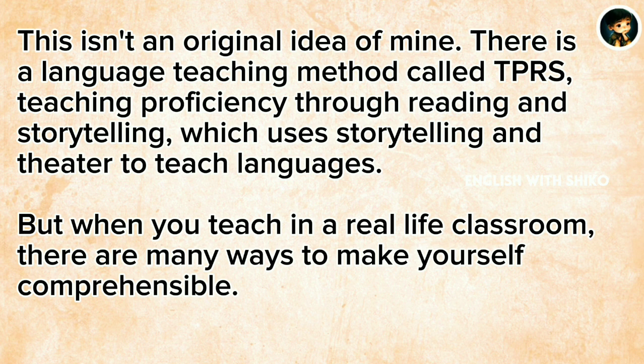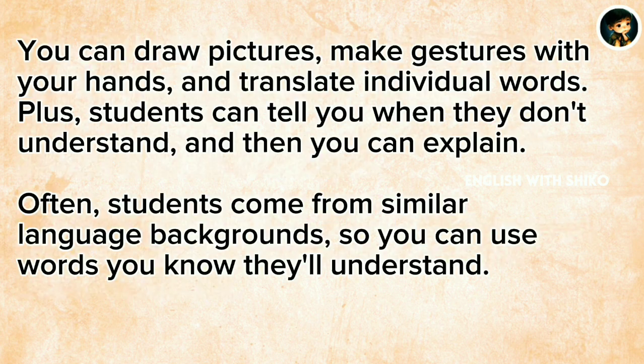But when you teach in a real-life classroom, there are many ways to make yourself comprehensible. You can draw pictures, make gestures with your hands, and translate individual words. Plus, students can tell you when they don't understand, and then you can explain. Often, students come from similar language backgrounds, so you can use words you know they'll understand.